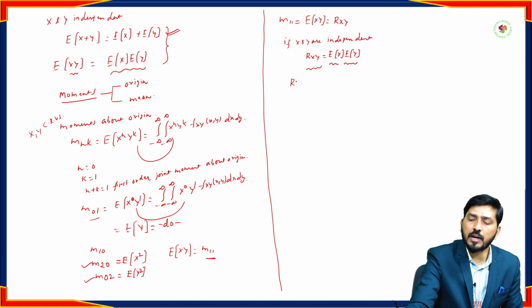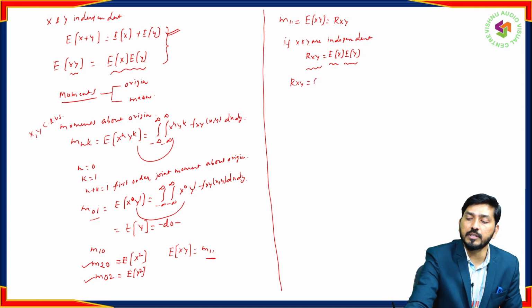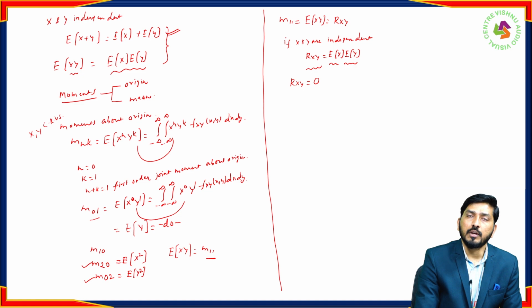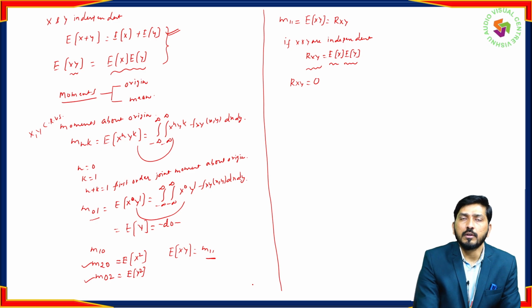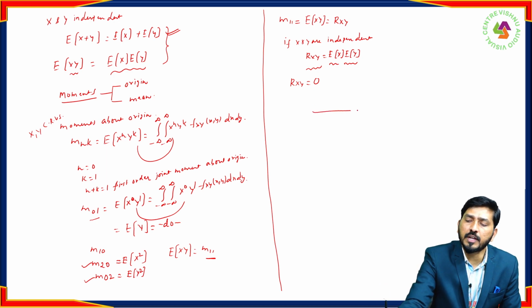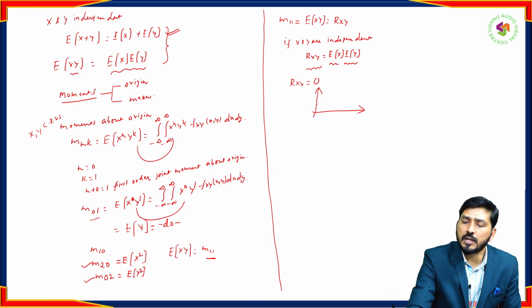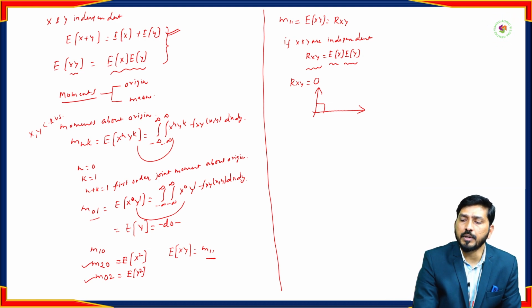Then another case: if x and y are orthogonal to each other, then rxy is equal to 0. Orthogonal means there is no relation between them. x is moving in one direction and y is moving in another direction, separated by 90 degrees, so there is no relation between x and y.